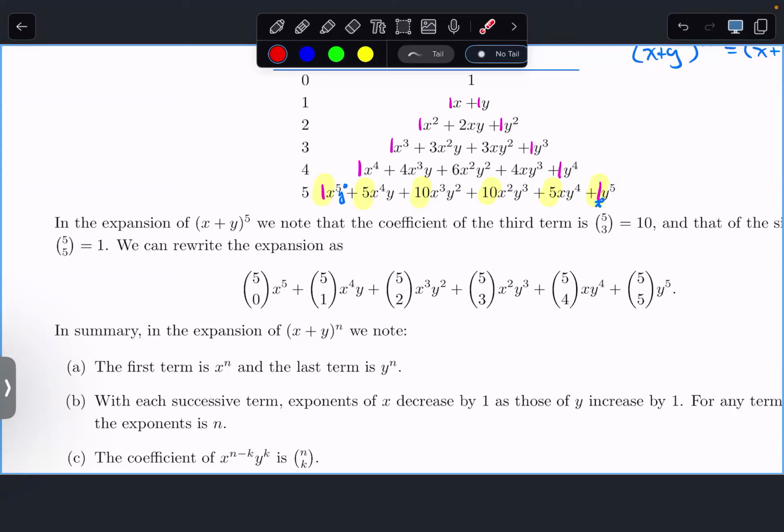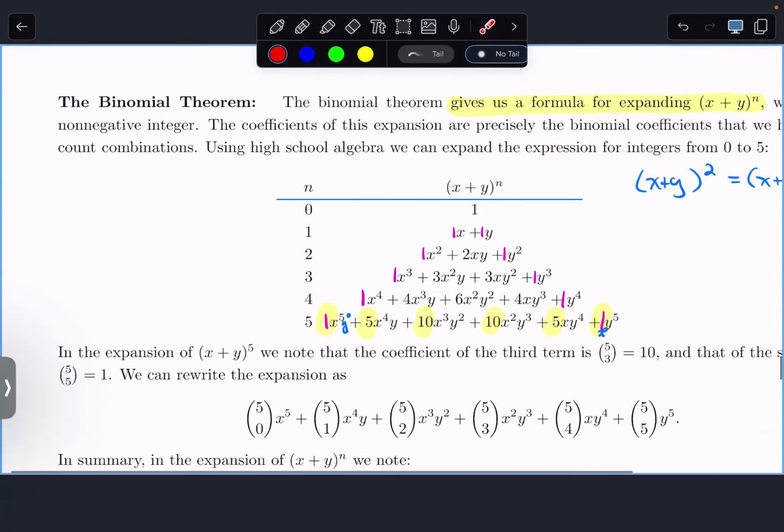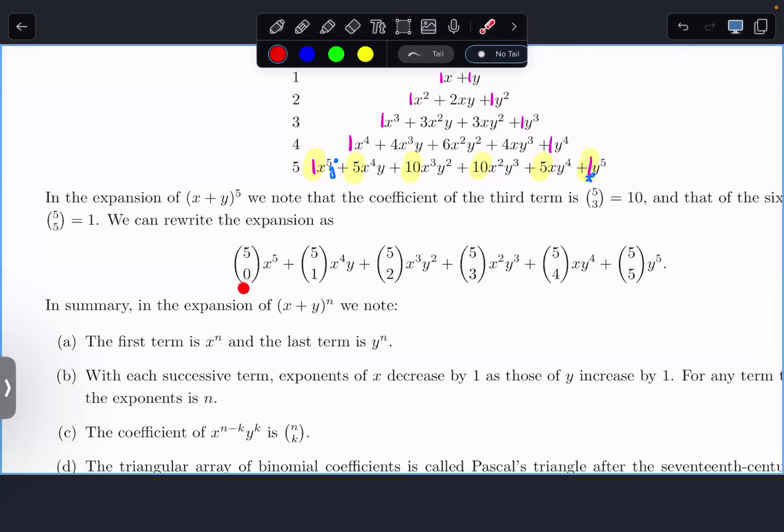Or you can leverage the binomial theorem. We can rewrite that expansion as 5 choose 0, x to the power of 5, plus 5 choose 1, x to the power of 4, y to the power of 1.